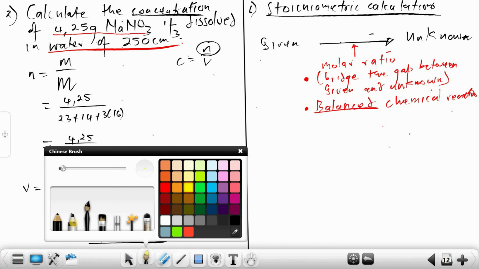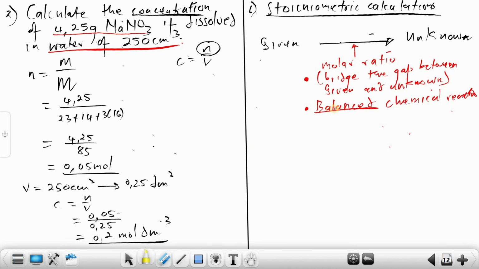So my reaction must be balanced. If it's not balanced, then I am not going to be in a position of doing this exercise completely or even the right way. What does this mean to me? It means I must have a reaction that I am working with. What is a reaction? A reaction is I must have my reactants, I must also have an arrow, I must also have my products.